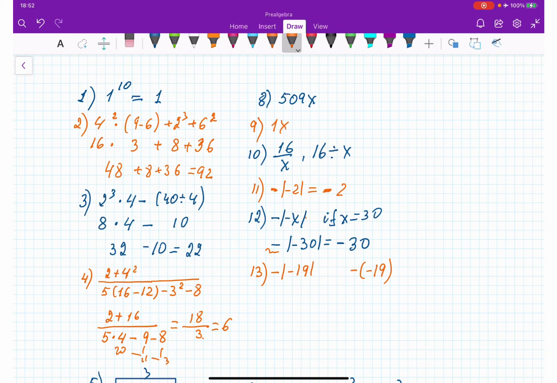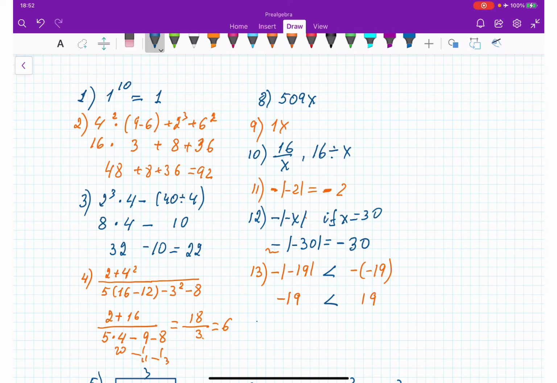Well, to do that, let's understand what number represents each notation. This one is going to be negative 19. Yes? This one is going to be positive 19. So we will have negative always less than positive.